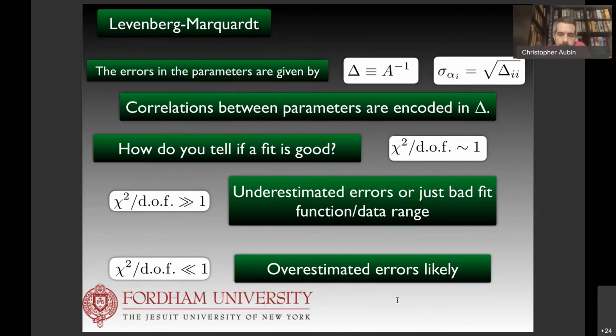And if there are severe correlations between the parameters, then you may not want to actually just list off the uncertainties in each parameter. You may want to actually make a parameterized plot of, say, in this case, the fit parameter for the coefficient, which I'm calling A, which I realize is also the matrix that we're looking at, but such is life.